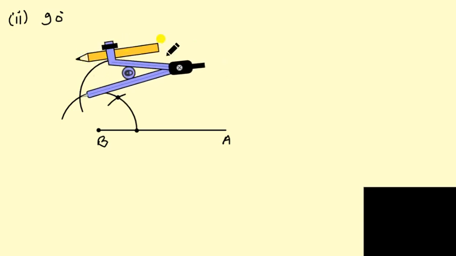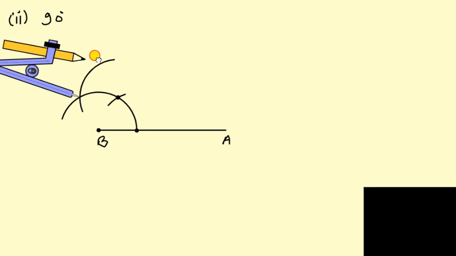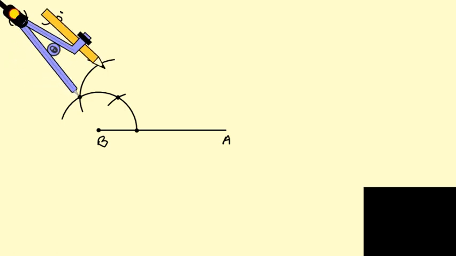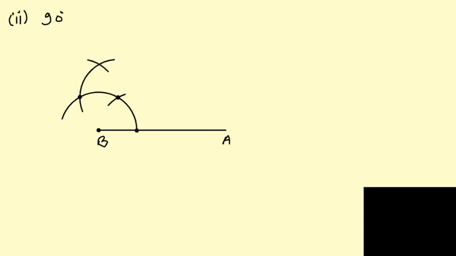Let us see. First of all, take the scale and draw a line segment of 6 centimeters. That is BA. So now remove the scale and write BA, and that is 6 centimeters. Now with the help of the compass we can draw this 90 degrees. Let us see.